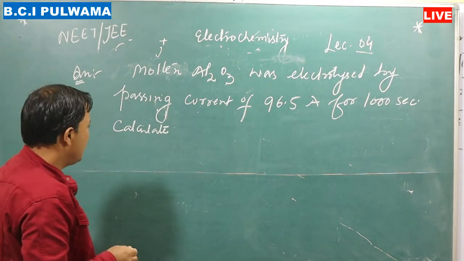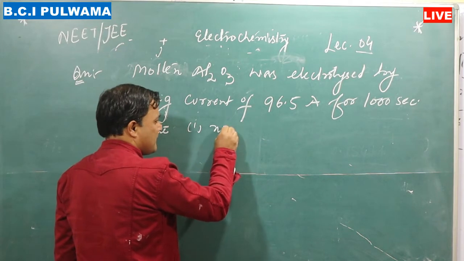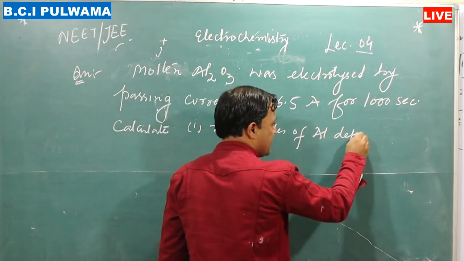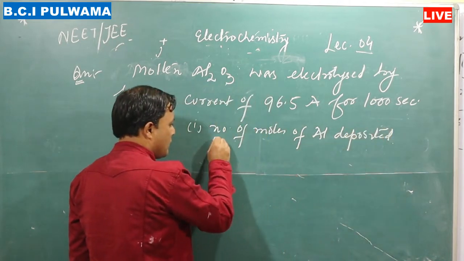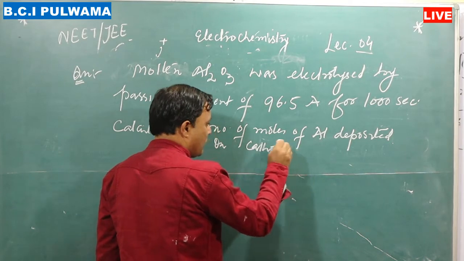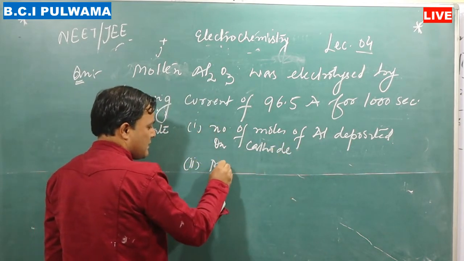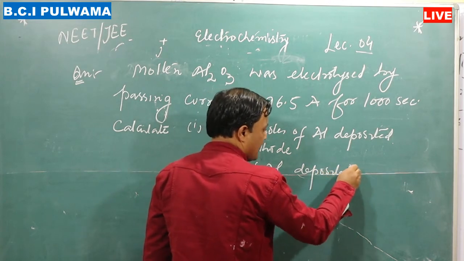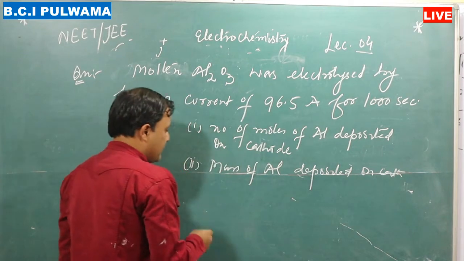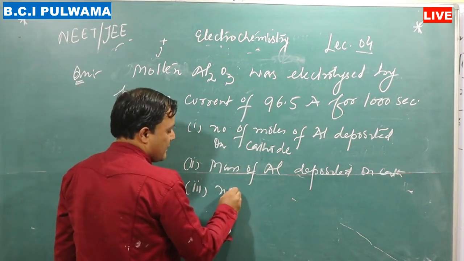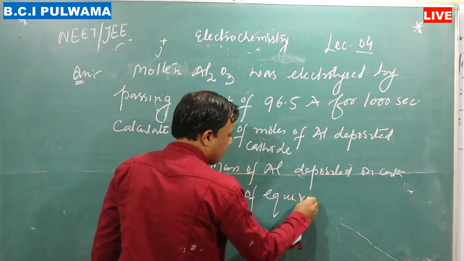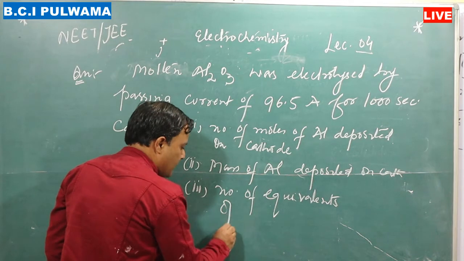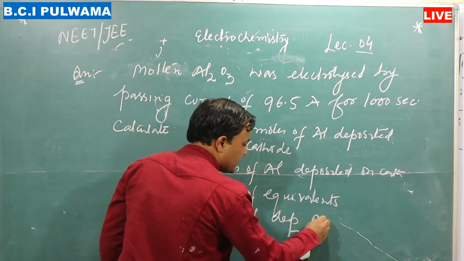Calculate: 1, the number of moles of aluminum deposited on the cathode; 2, the mass of aluminum deposited on the cathode; 3, the number of equivalents of aluminum deposited on the cathode.